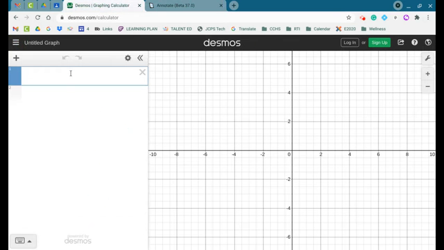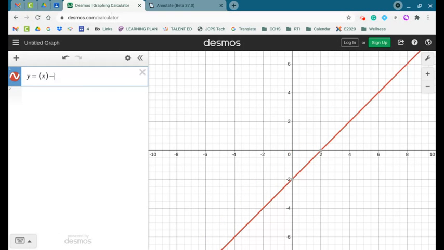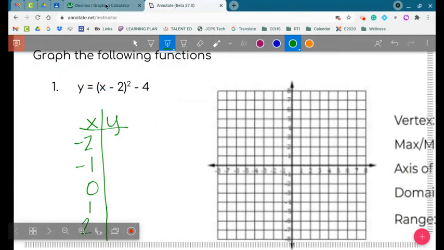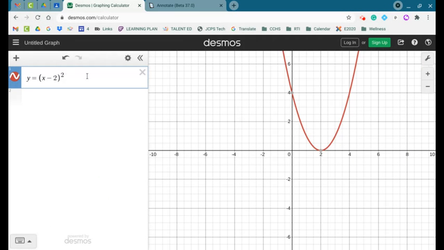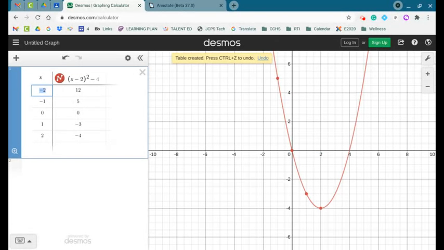I'm on my laptop, so I'm going to type it into Desmos. x minus 2, minus 4. And then if you go to your gear in your table, those are your points.